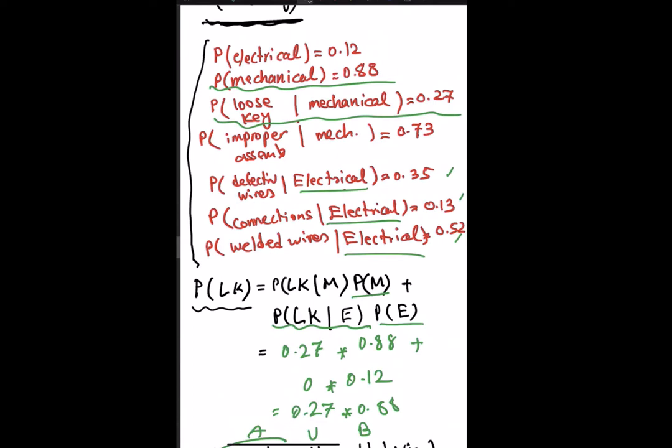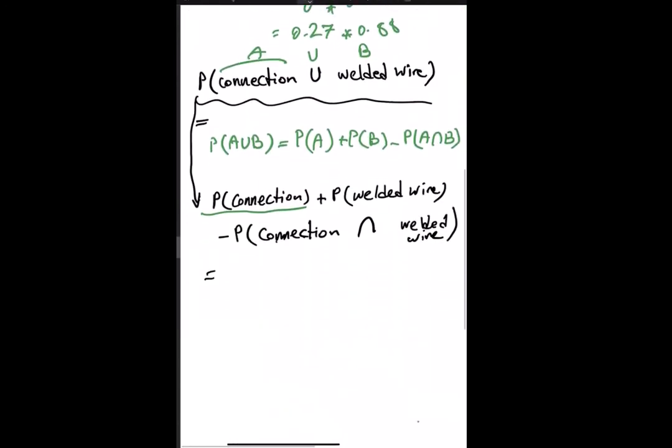Do I have it? No. So now I want to calculate the probability that the error is because of connection. So how do you write it? It's just one thing, and I said if you just want to calculate the probability of one thing, most of the time it's the total probability rule.